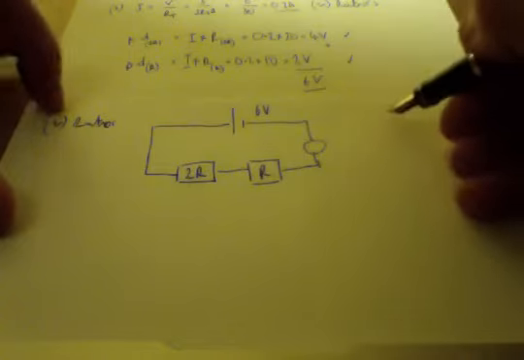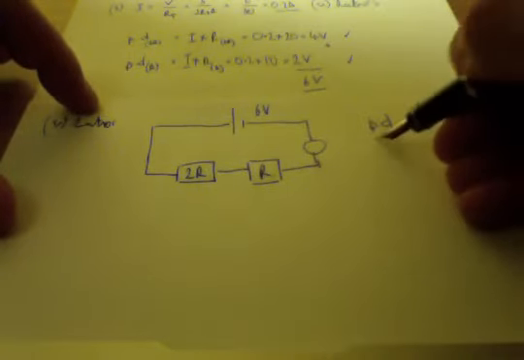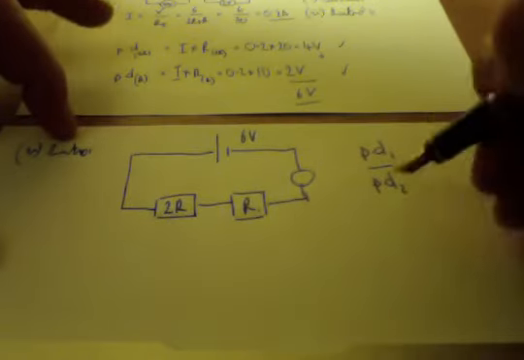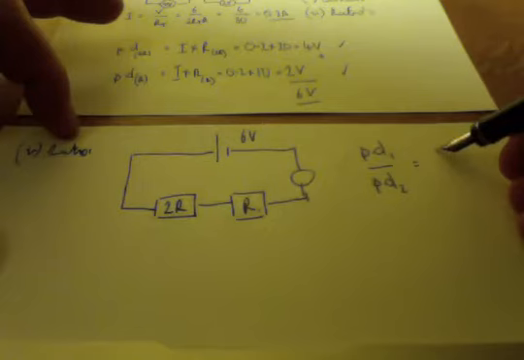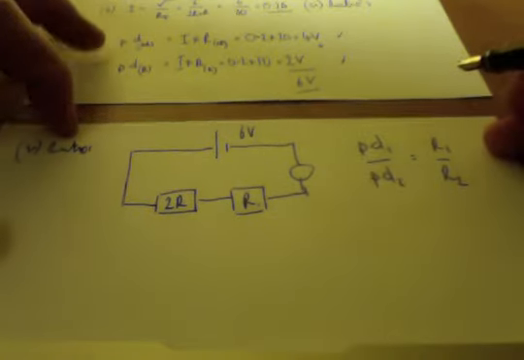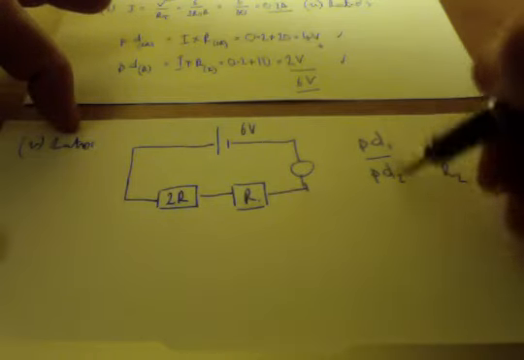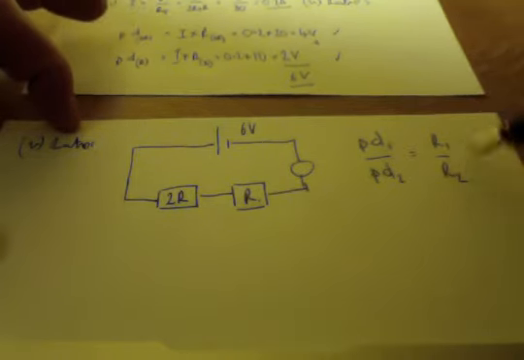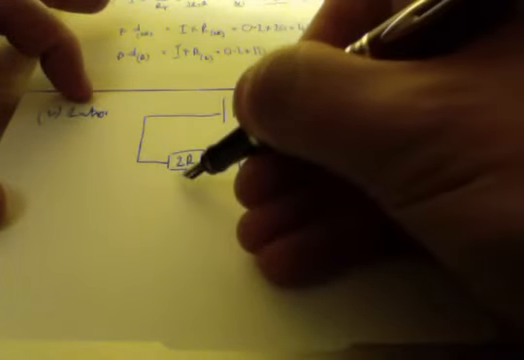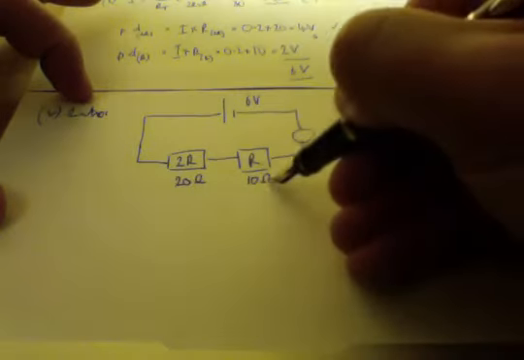We also know that the ratio of the potential differences is the same as the ratio of the resistances. So in other words, and we know what these are, it might be easier if I write 20 ohms there and 10 ohms there.